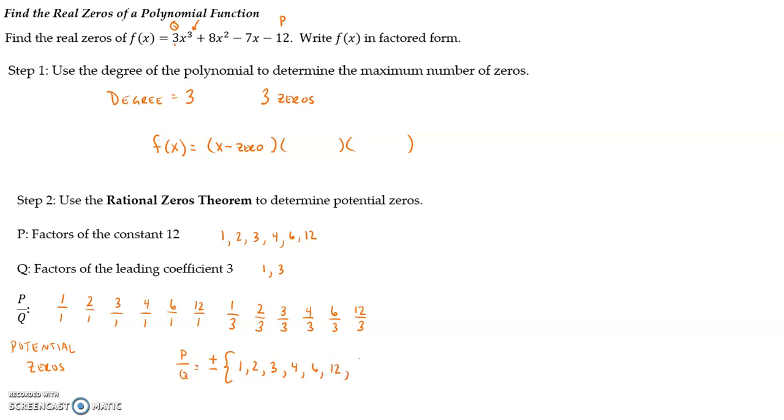And then I've got 1/3, 2/3. We already counted for this 3 over 3, that's the same thing as 1. I've got 4/3, and 6/3 is the same thing as 2, and 12/3 is the same thing as 4, and those are already on my list. So here's our list of potential zeros. Make sure you have both the positive and the negative versions for those.